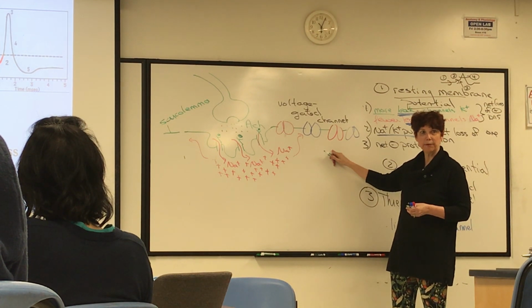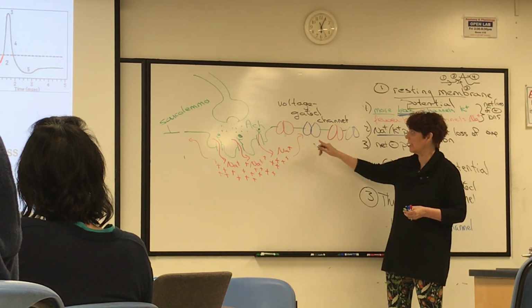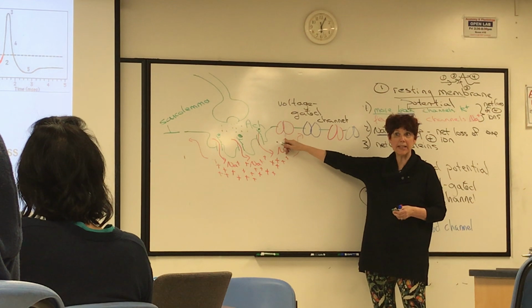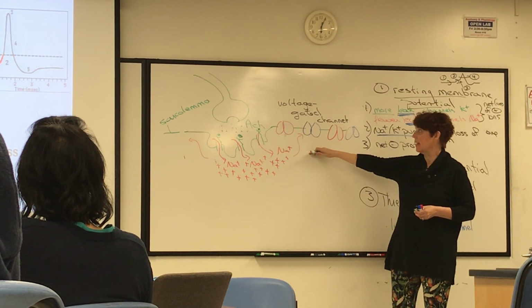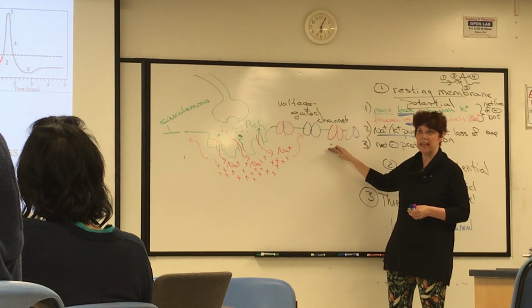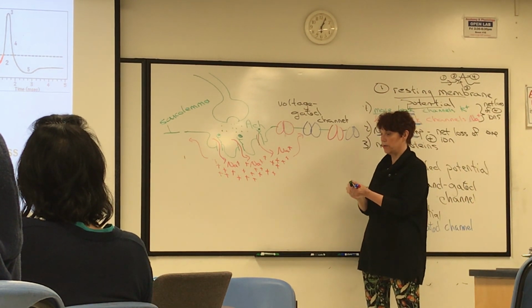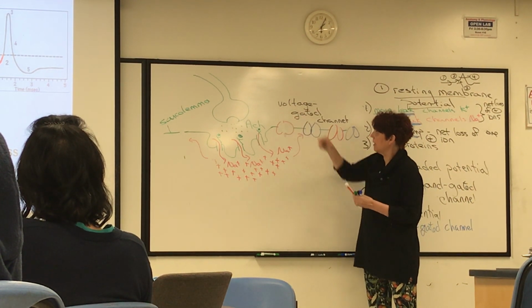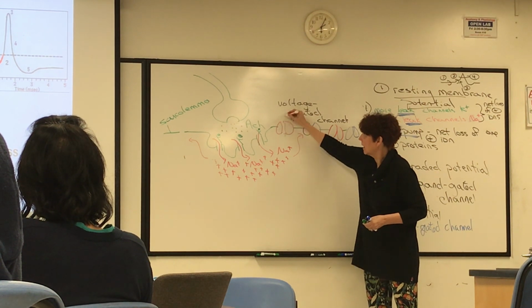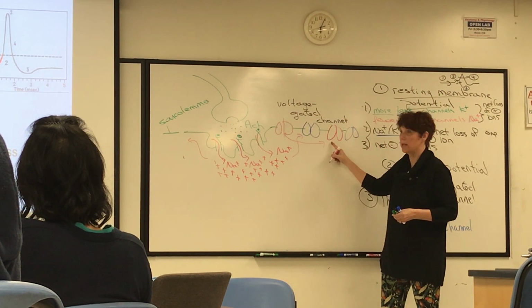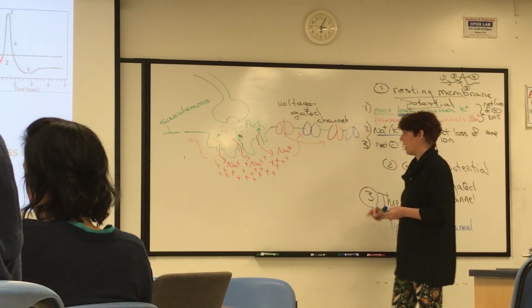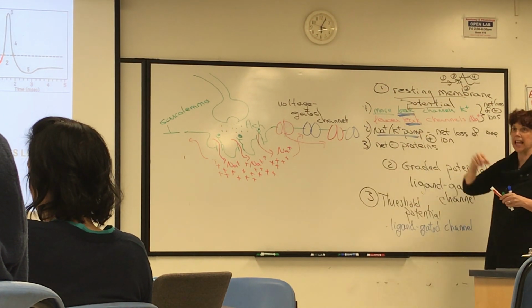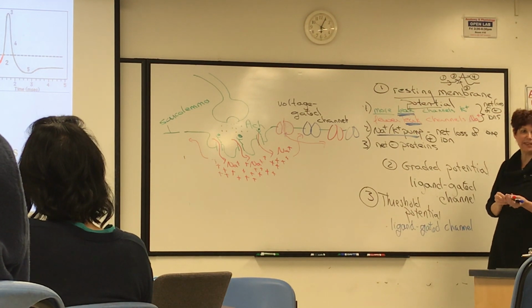This is called self-propagated or saltatory conduction, because then these open, enough positive sodium ions come in that will travel a short distance, and that will be sufficient. Those sodium ions coming in here will be sufficient to reach the threshold potential for these. So these voltage-gated channels are going to open because of an action potential, all right?